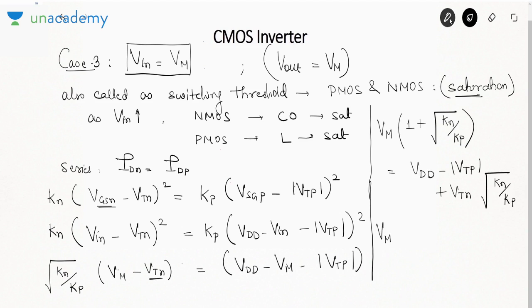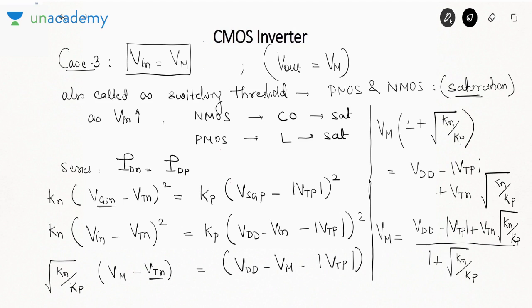Which means I can write the midpoint voltage as equal to VDD minus mod VTP plus VTN root Kn by Kp, divided by 1 plus under root Kn by Kp. That is the midpoint voltage.